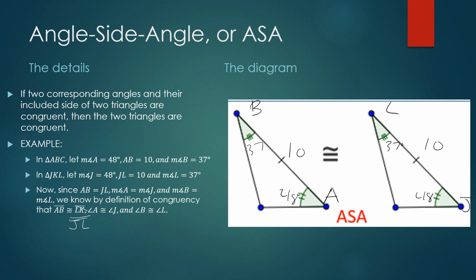I just missed that K. JL. All right. So then ABC is JLK by angle side angle.